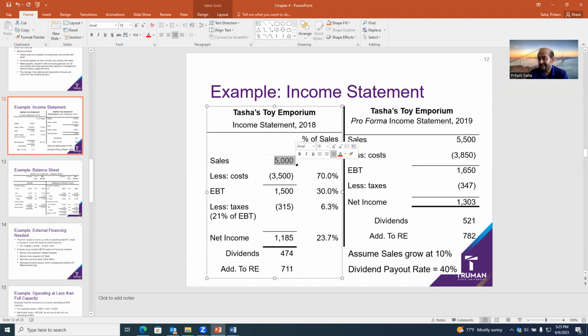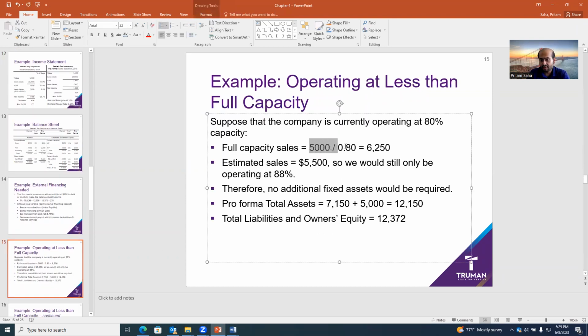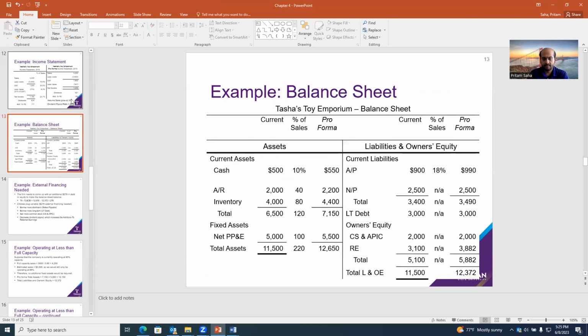If there is only 80% capacity, how much sales can they generate at full capacity, 100%? We can do this by dividing $5,000 by 0.8. So basically, at full capacity, the company can generate $6,250 in sales.